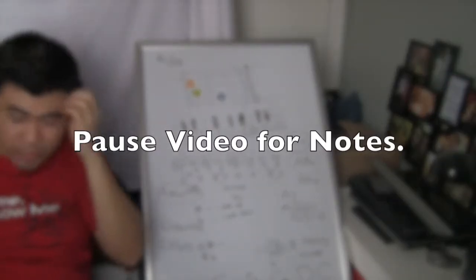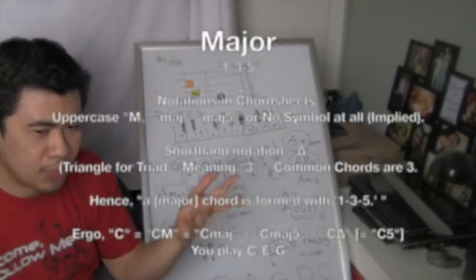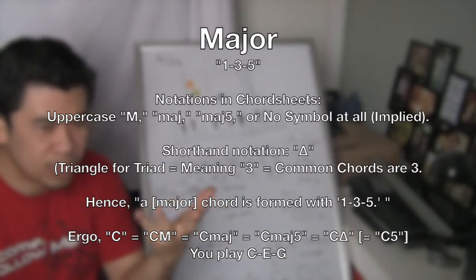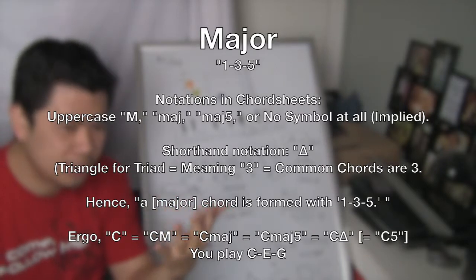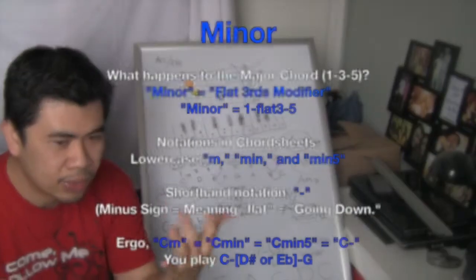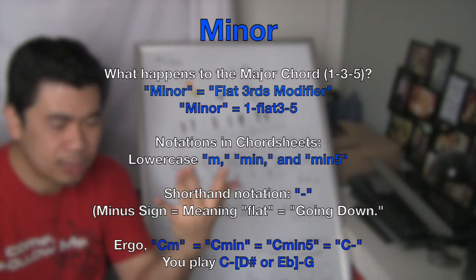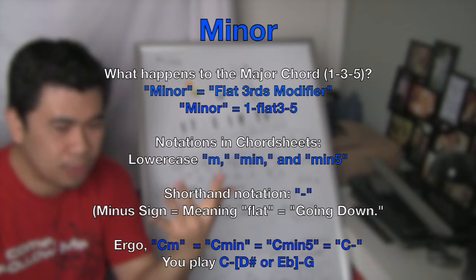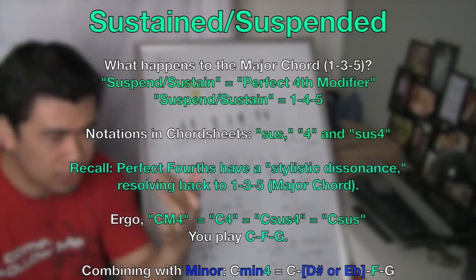So just a recap again. So we got the 1 3 5. To make it a minor, the crucial note is the third, one of the crucial. Always remember the third. If you want to make a minor, it goes here. And if you want to make it sus, sustain or suspend are the same, you have to bring out the fourth.